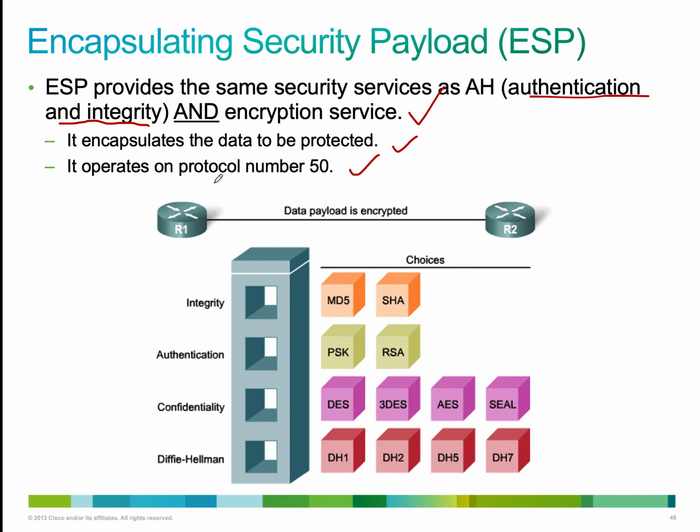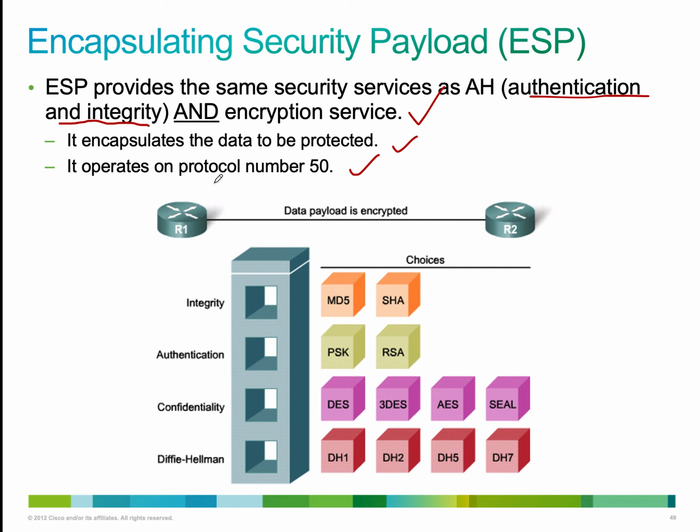Okay, encapsulating security payload. This is the second one. ESP provides the same security services as the AH does, like authentication and integrity, plus encryption. So this is why ESP is now very good to use.